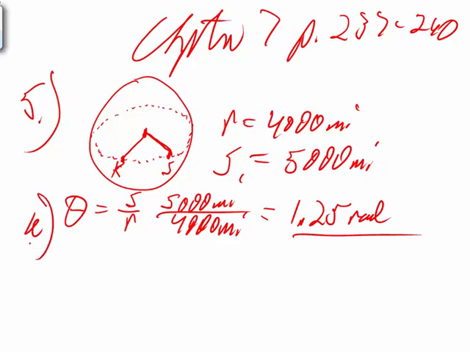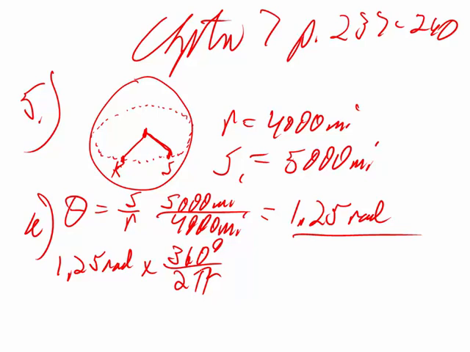Well, if you remember, we know that 2 pi radians is 360 degrees. So 1.25 radians times 360 degrees divided by 2 pi. Now you could actually reduce this, make that 1 and make that 180.